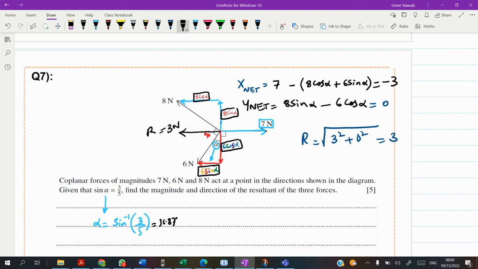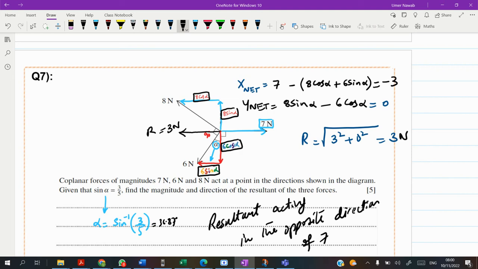So what should be the direction now? The direction is opposite to 7 N. So resultant magnitude 3 newtons acting in the opposite direction of 7 newtons.